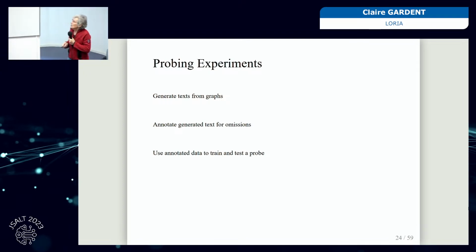Then we annotate the generated text for omission. So we go through the data and we use either automatic detection or manual annotation to annotate the graph text pairs for omissions in the text. And finally, we can use this annotated data to train and test the probe. So the probe will tell us, can we distinguish those entities that are omitted from those that are mentioned just by looking at the embedding of the input graphs.